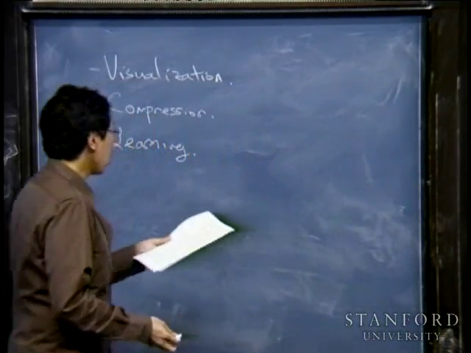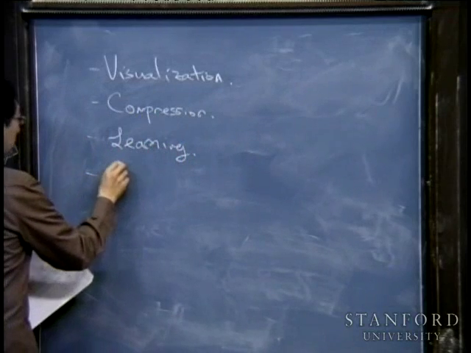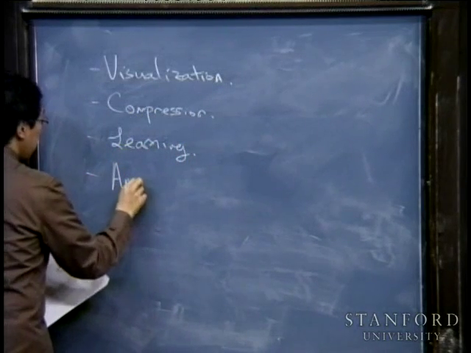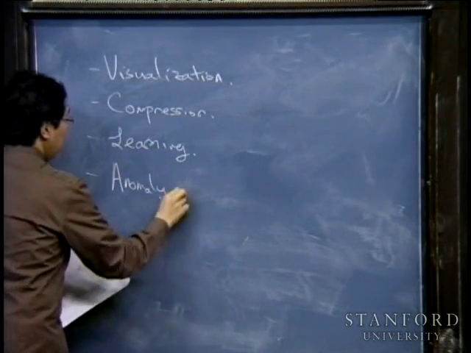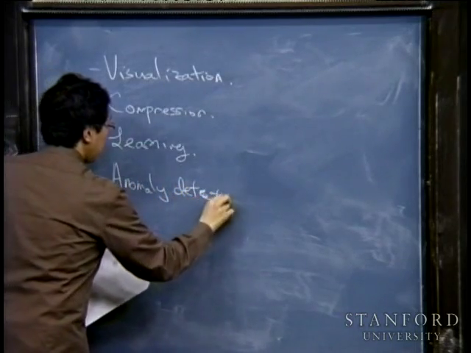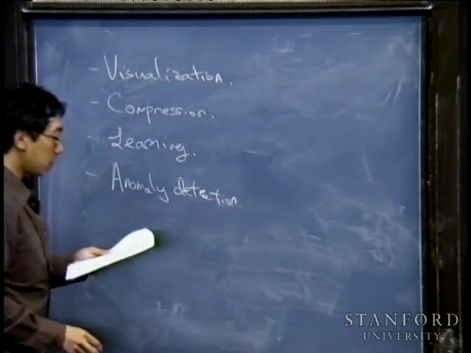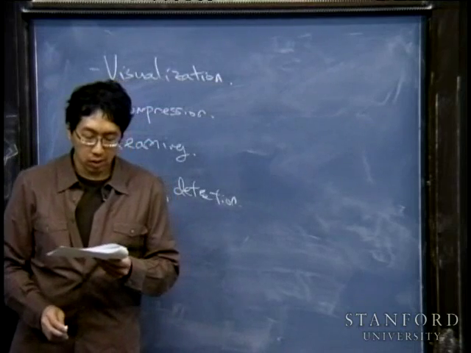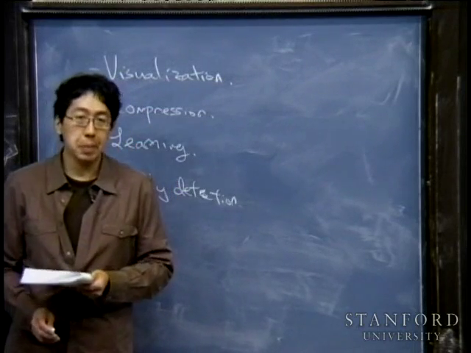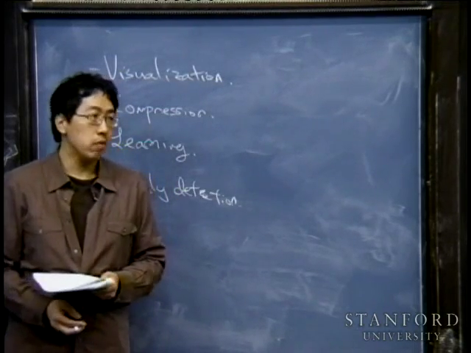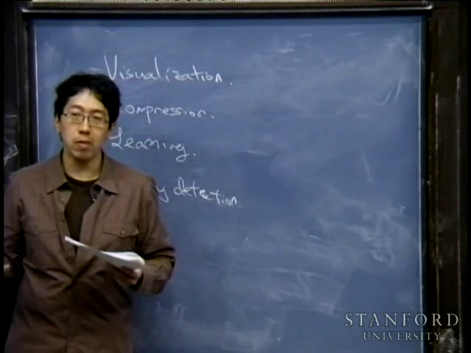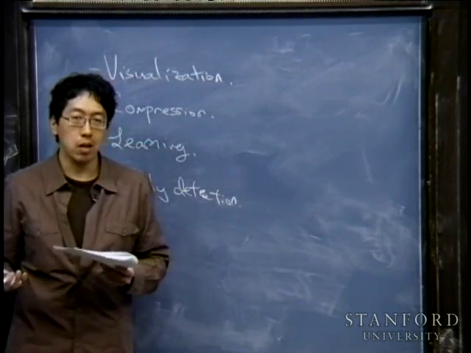A couple of other applications to talk about. One is outlier detection, or anomaly detection. The idea is, suppose I give you a data set, you may run PCA to find roughly the subspace on which your data lies.